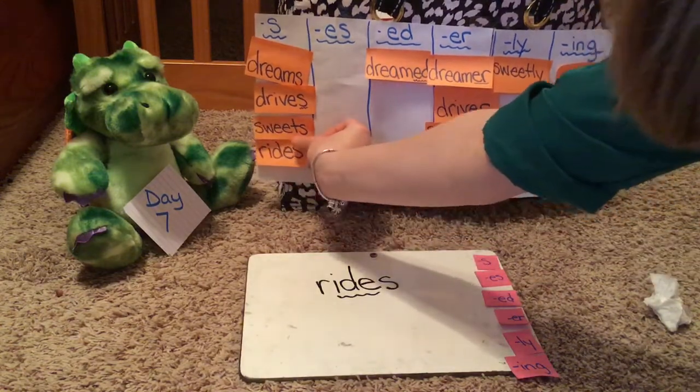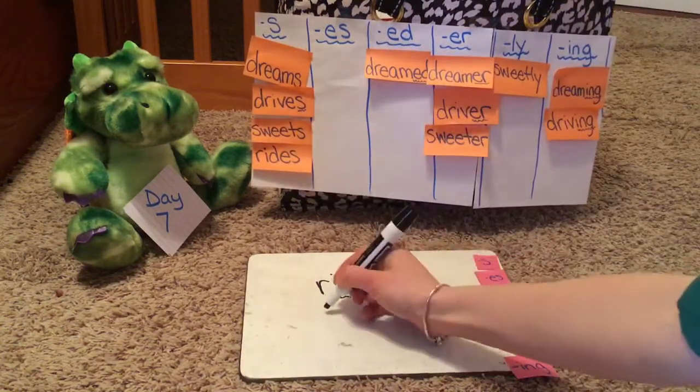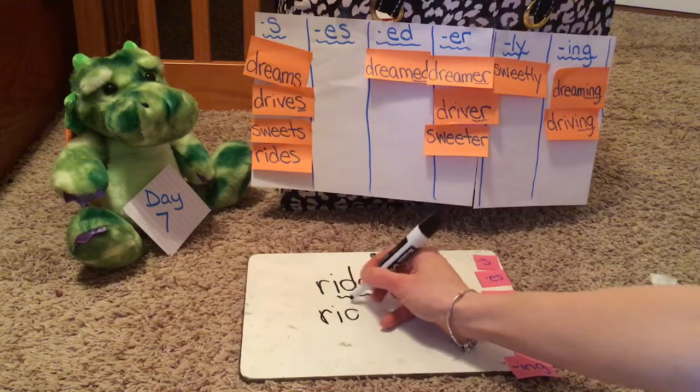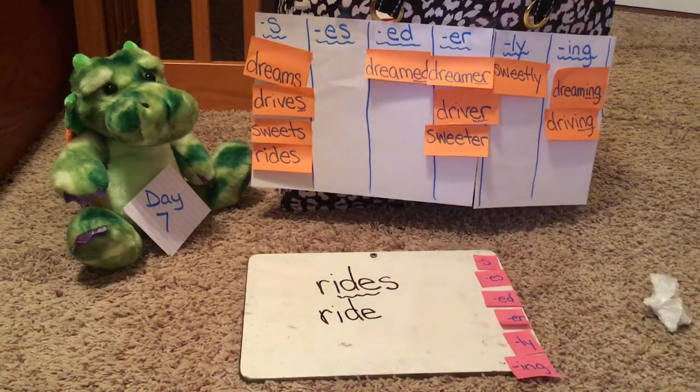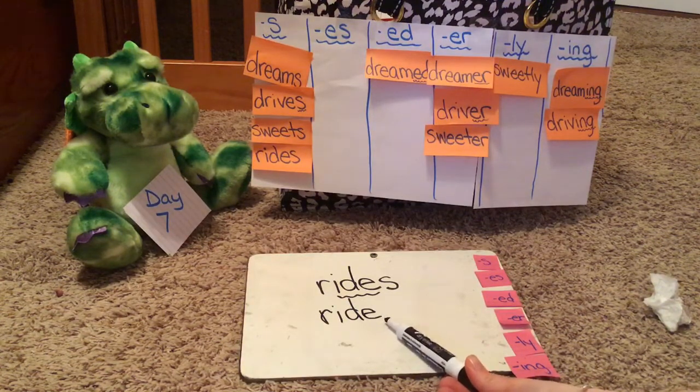Okay, we're going to try another one. Start with the base word ride. We're still working with this word, ride. Okay, now I want you to change the word ride into riding. Think about what ending you would need. We need this ending, riding. Think about what ride ends in. It ends in a vowel. Remember what we said we have to do with those words that end with a vowel.